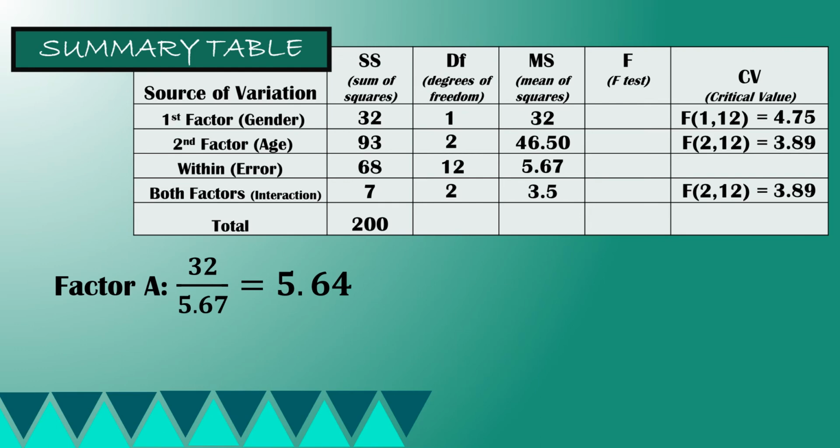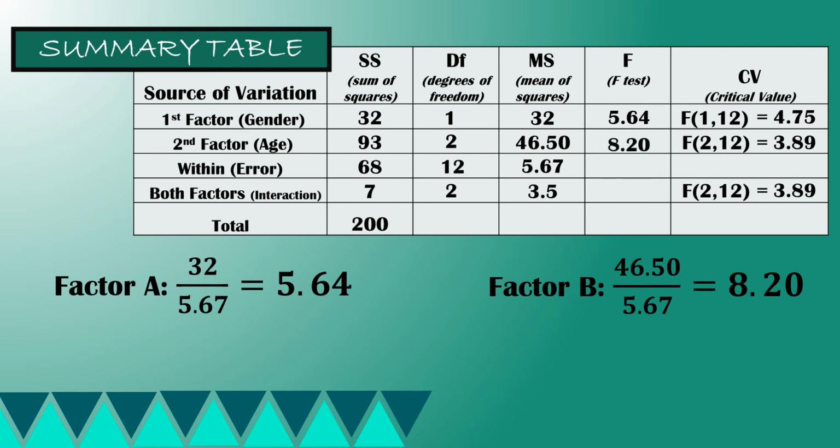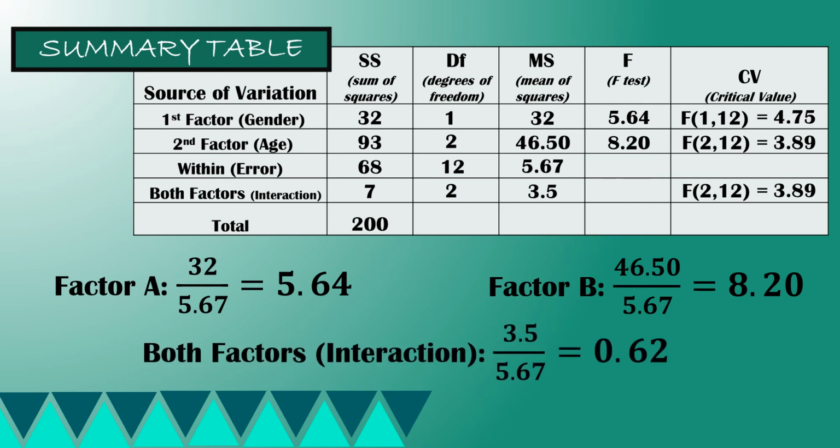So for factor A, we have 5.64. Next, for factor B, we have 46.50, the mean square of the second factor, and 5.67, the mean square of within or error. For factor B, we have 8.20. And for both factors, we have 3.5 divided by 5.67 is equal to 0.62.